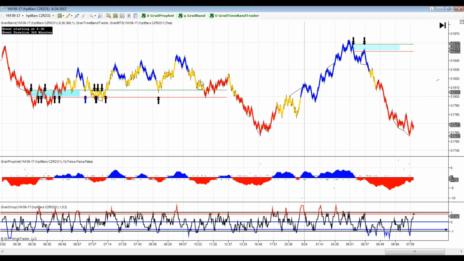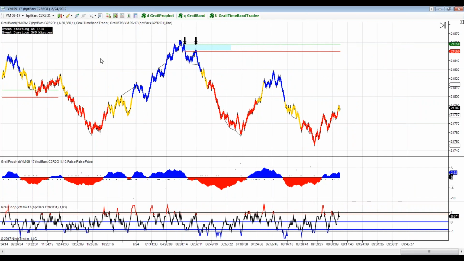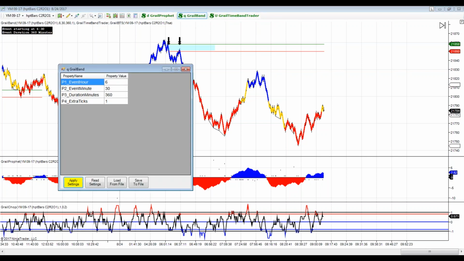Mary asked, is this band related to the big band? No, Mary, this band is not related to the big band at all. What this really is doing is creating an OP based on the time that you tell it to create an OP.